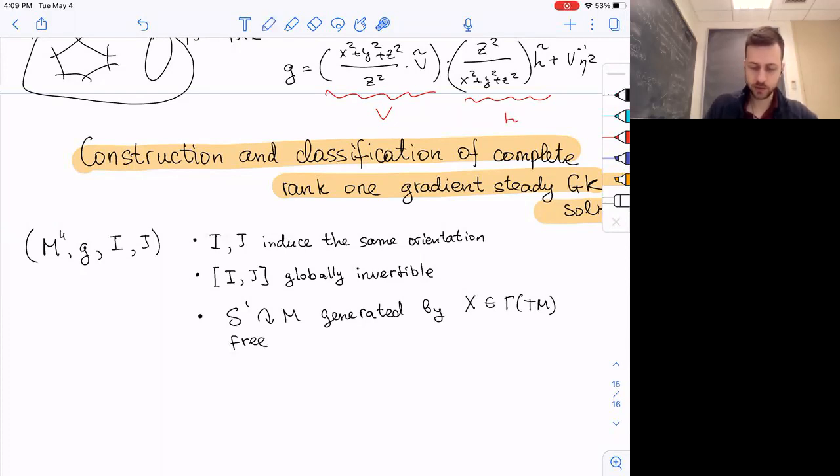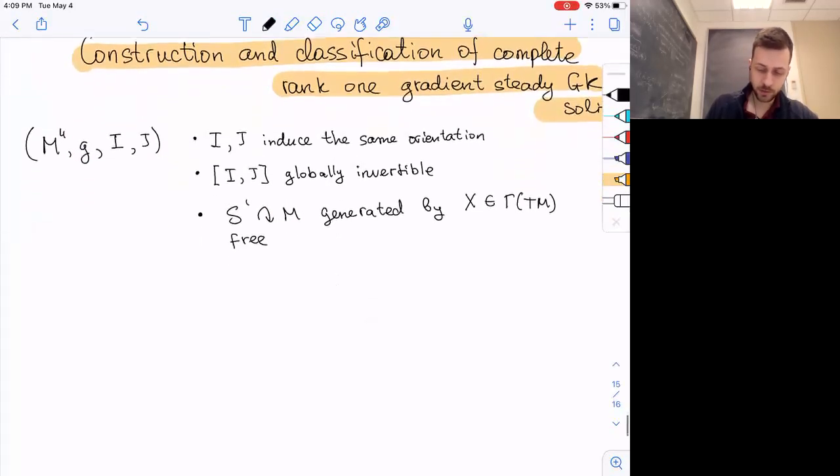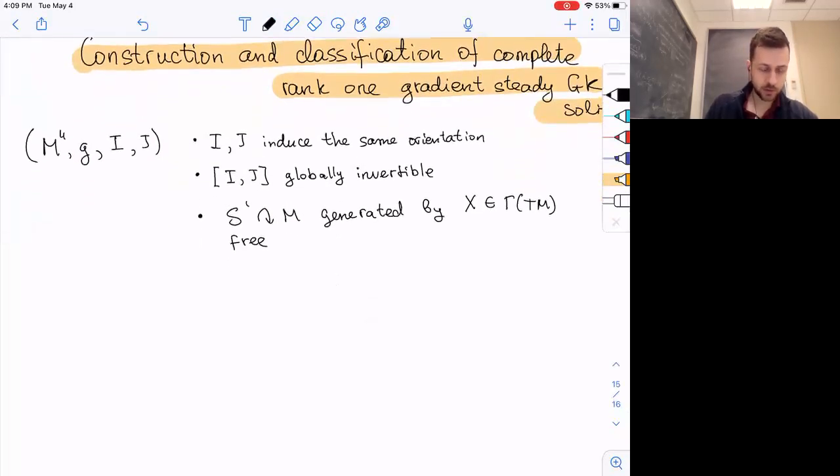When I say it's an action on M, I assume that it also preserves all the structures, so it's Killing and it's real holomorphic with respect to either I and J. So with this setting, we have the Gibbons-Hawking ansatz. That is a local description of such structures.